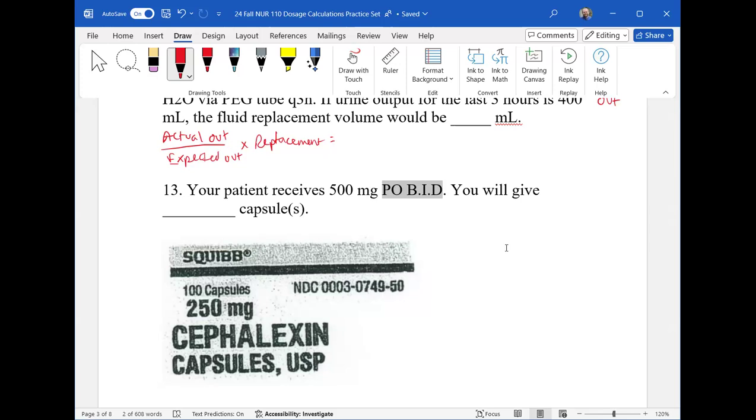Okay. So when I do this using dimensional analysis, I just take my order, 500 milligrams, and I multiply it by my available, which is 250 milligrams per tablet or capsule. 500 divided by 250, so my answer would be 2.